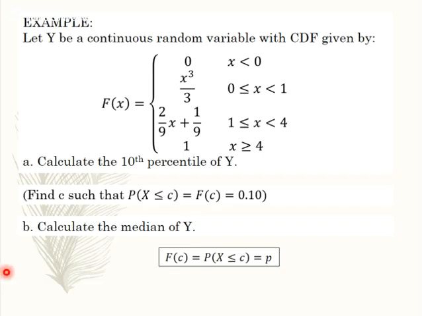Then you can also try part B as a second example. Sometimes we ask for the median. Remember that the median is the 50th percentile, so the probability to the left is 0.5. The answer you should get is 7 over 4, or 1.75. See if you can do that for yourself.